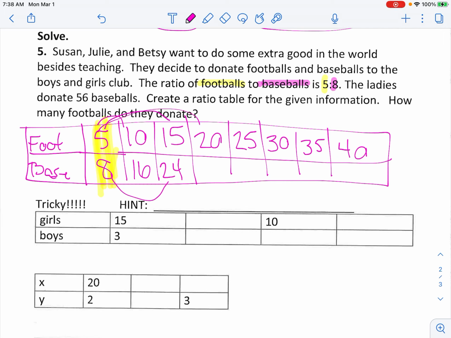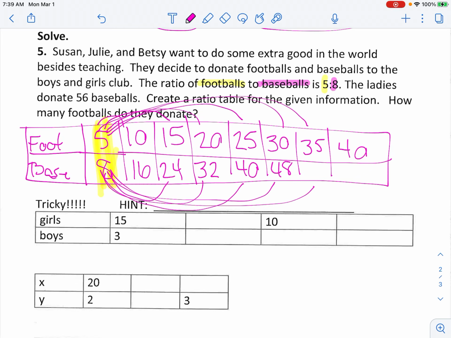Go back to the number 5. 5 times 4 is 20. 8 times 4 is 32. 5 times 5 is 25. 8 times 5 is 40. 5 times 6 is 30. 8 times 6 is 48. 5 times 7 is 35. 8 times 7 is 56.